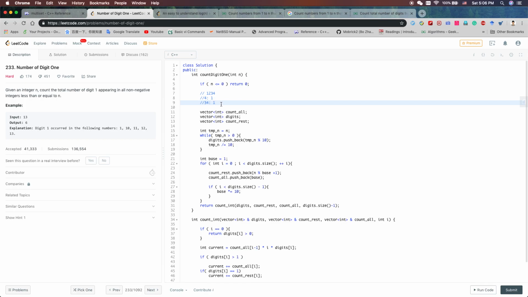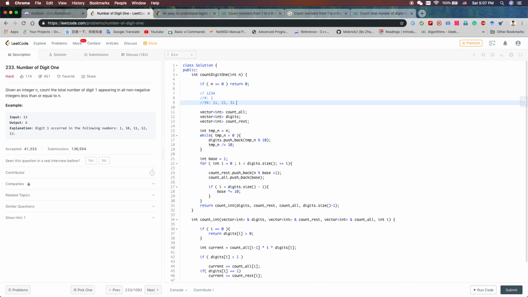So if this base has digit 1, then 11, 20, 21, 31, they all contain digit 1.